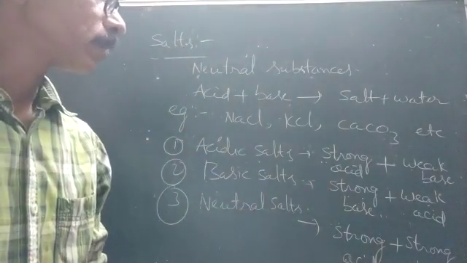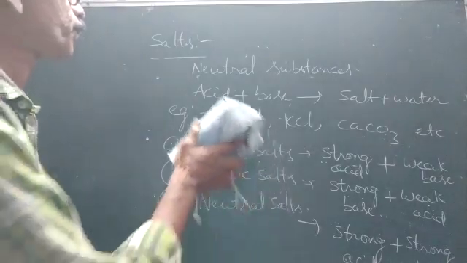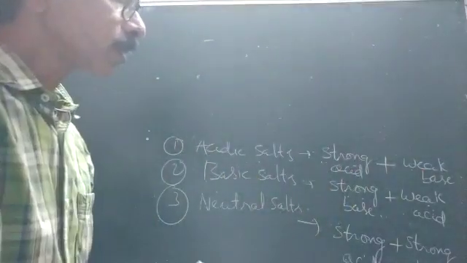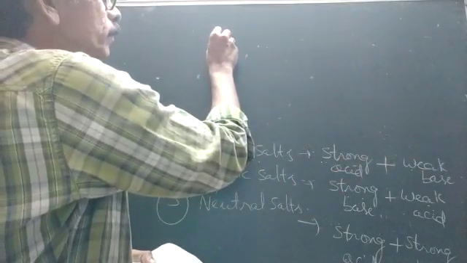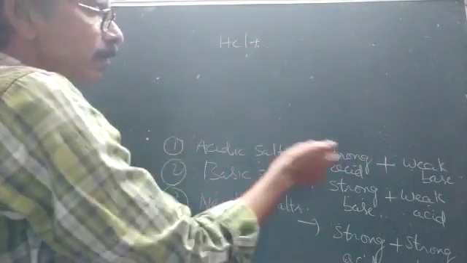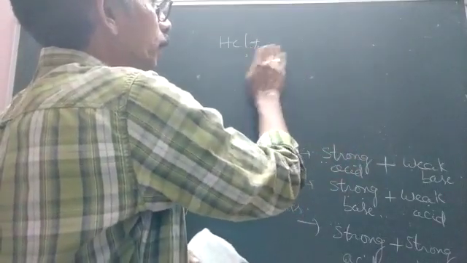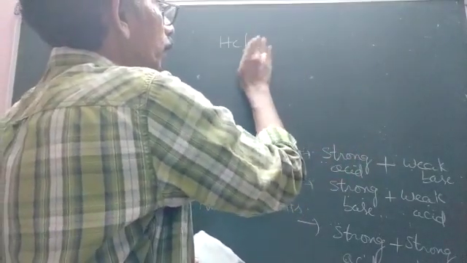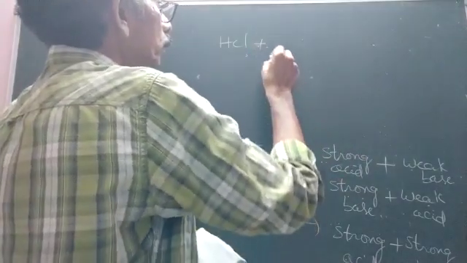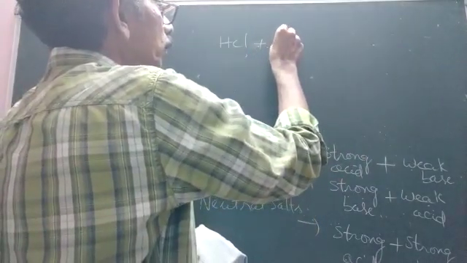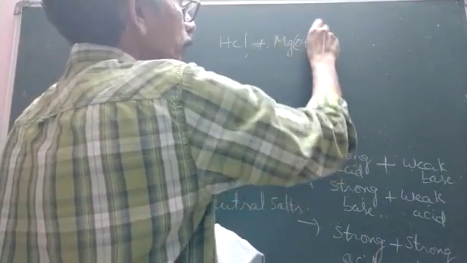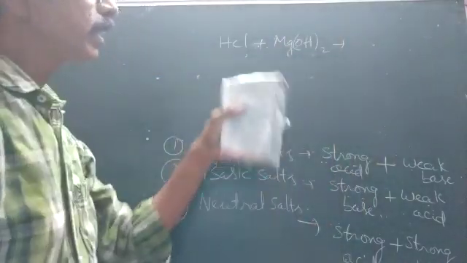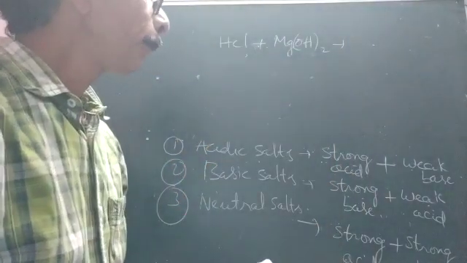Examples of acidic salts: strong acid, HCl, plus a weak base like magnesium hydroxide gives magnesium chloride.